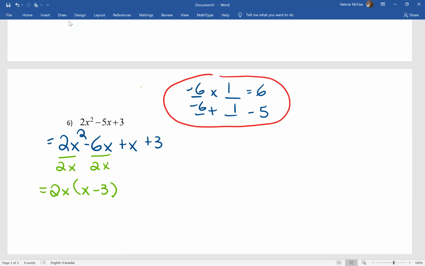This didn't work. -6 times 1 does not equal +6, although it does add to equal -5. Let's try again.